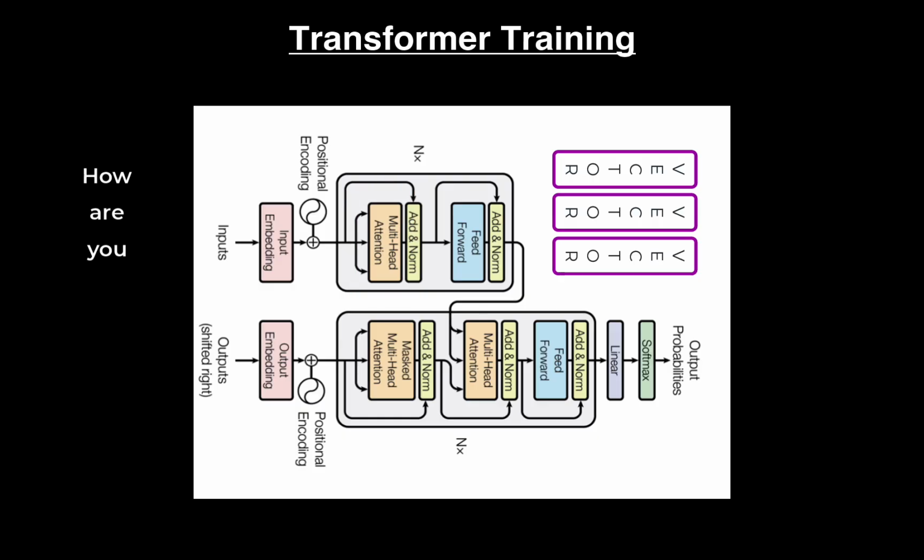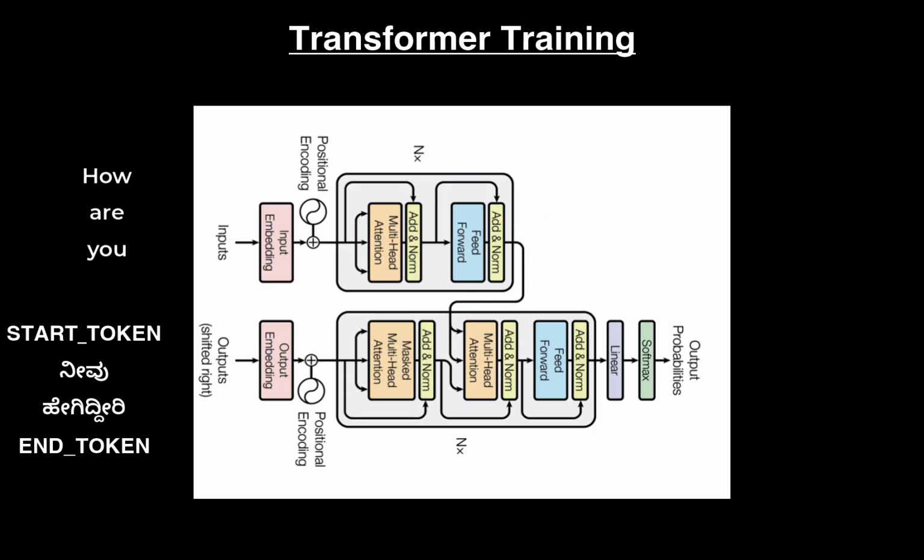To the decoder, we're going to pass our Kannada words simultaneously, but we'll also pass in a start token to indicate the start of the sentence and an end token to indicate the end of a sentence. We will also pass in the English vectors that were generated from the encoder. For the labeled output of the decoder, we shift the translation to the left.